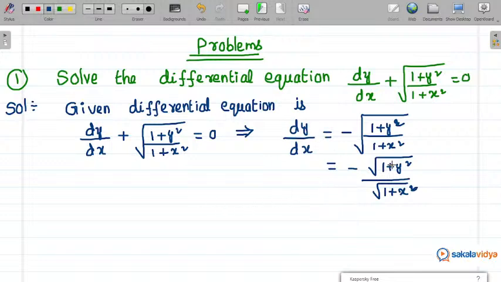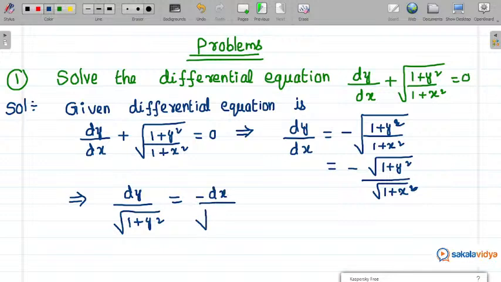Bring root of 1 plus y square to the left hand side. Now this can be written as dy divided by root of 1 plus y square equal to minus dx by root of 1 plus x square.